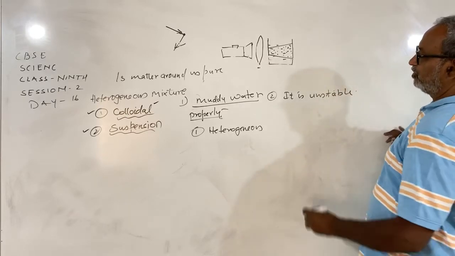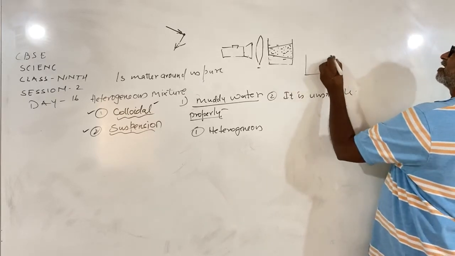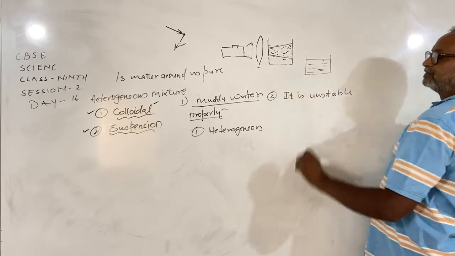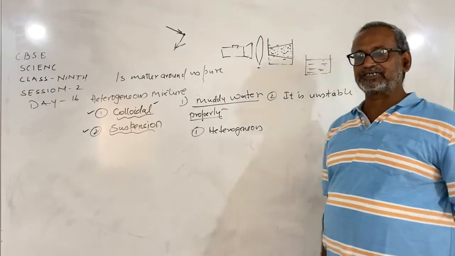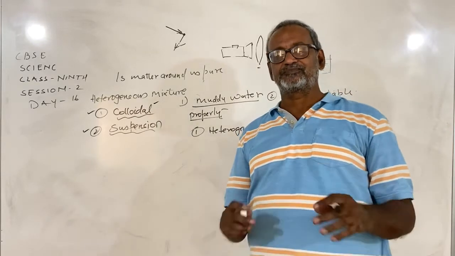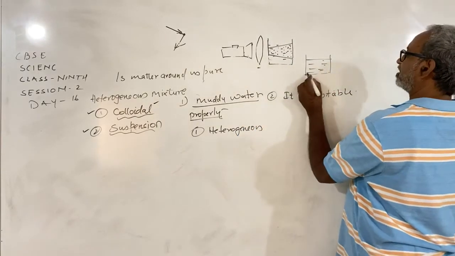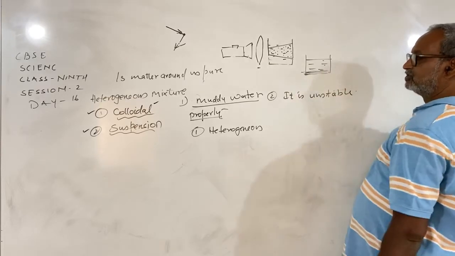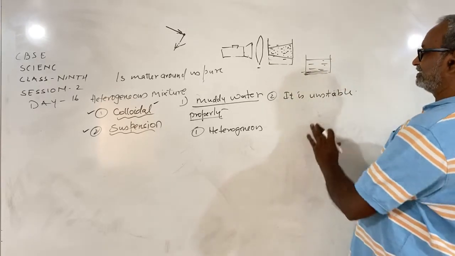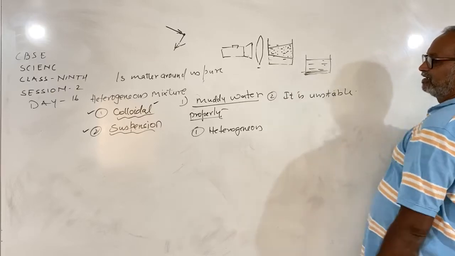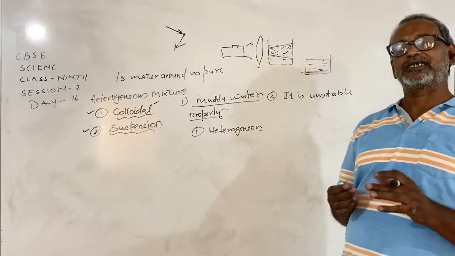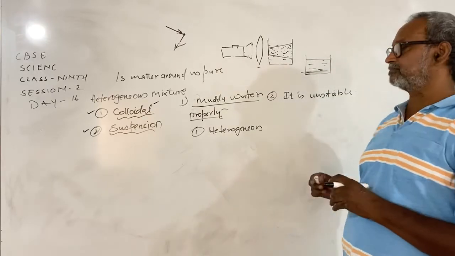That is, if you prepare a suspension of chalk powder and water, and this mixture is allowed to stand undisturbed for some time, the chalk particles will settle down at the bottom of the beaker. So a suspension is unstable, that is, the particles do settle down when the mixture is allowed to stand undisturbed.